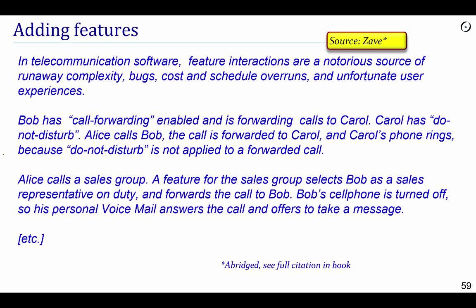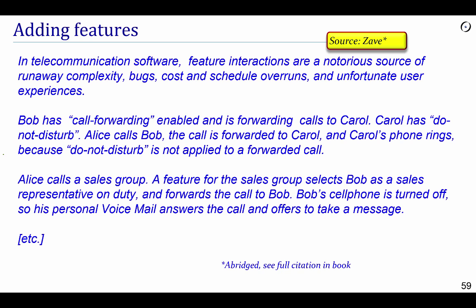Or the case of a sales group where the feature is select anyone from the group, but one of the members of the group has forwarded the calls to his personal cell phone and sends a great greeting message to the customer, which is probably not what the customer was expecting when calling to buy a laptop.